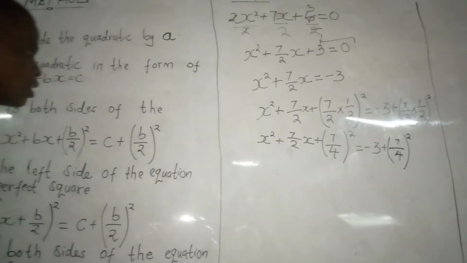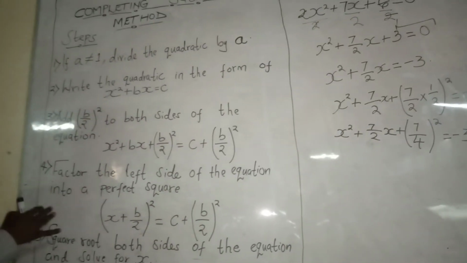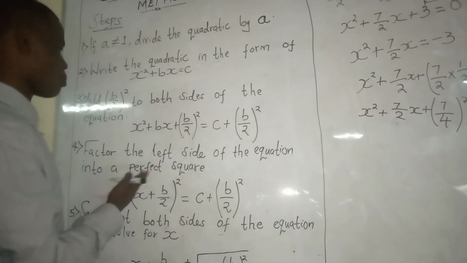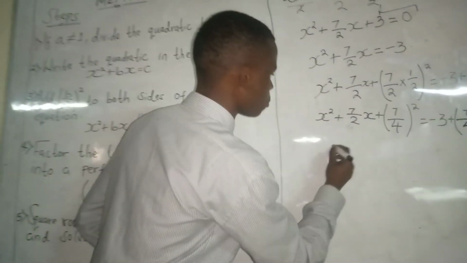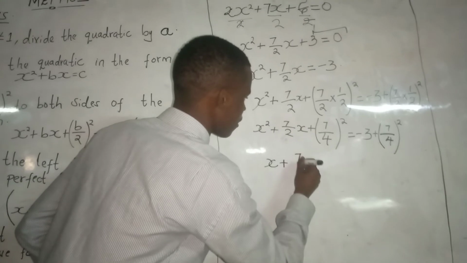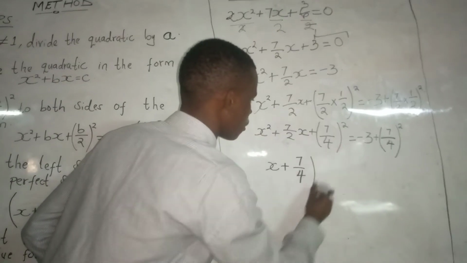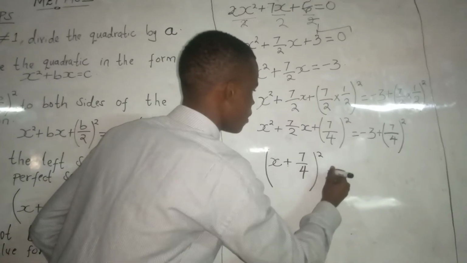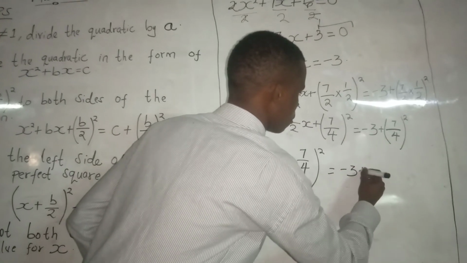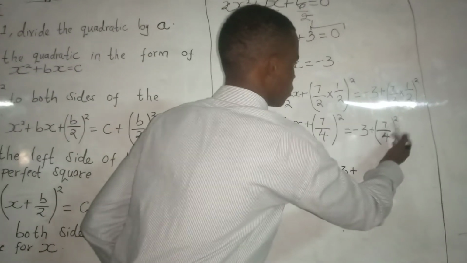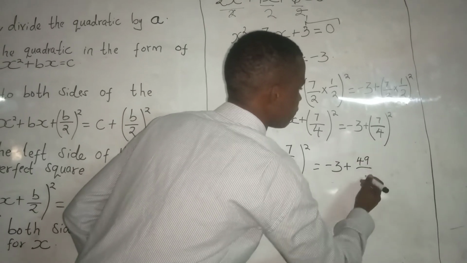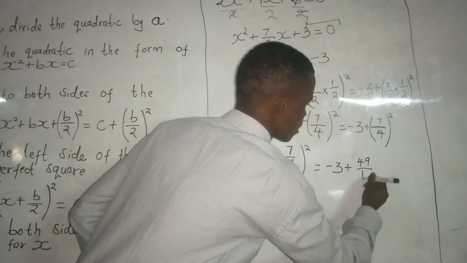Now here we come to our step number 4, which is factor the left side of the equation into a perfect square. Here we are going to pick (x plus 7 over 4) squared equals negative 3 plus, now the square of 7 is 49, the square of 4 is 16.